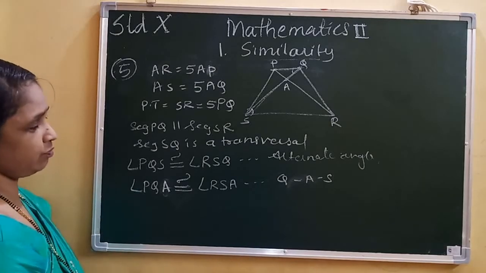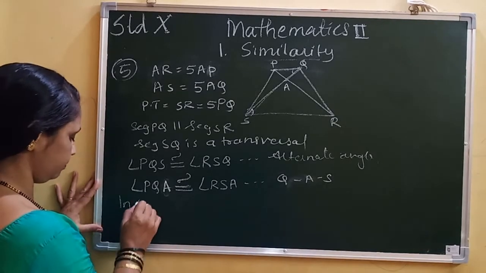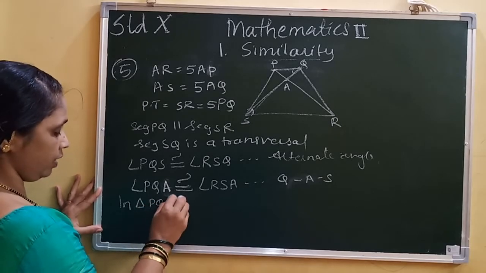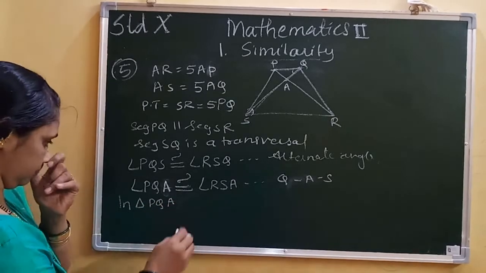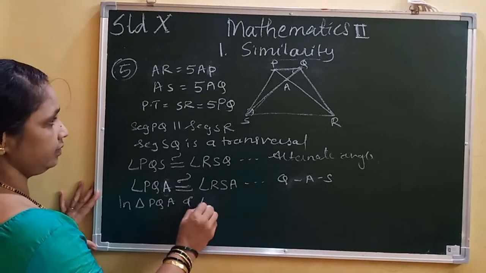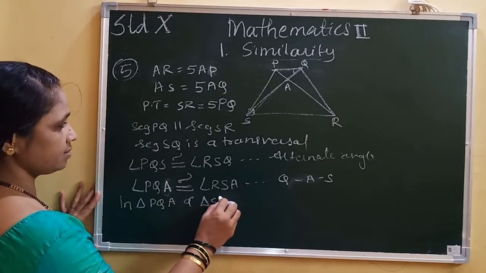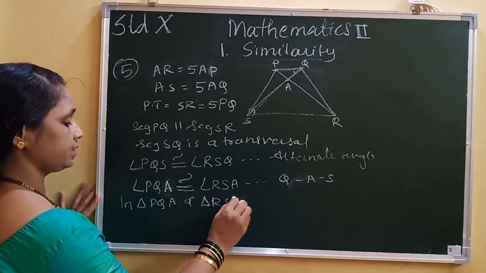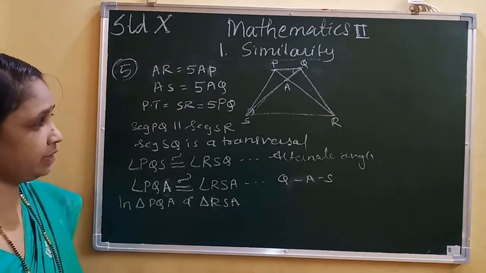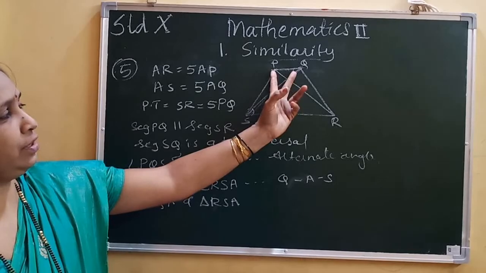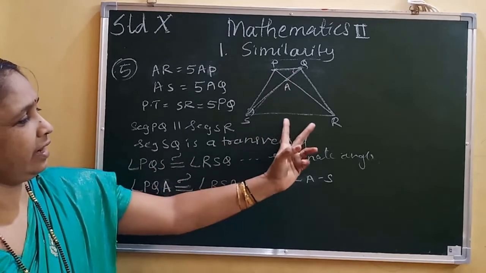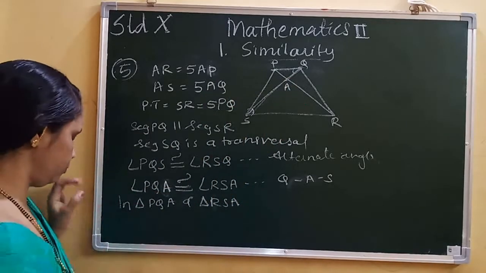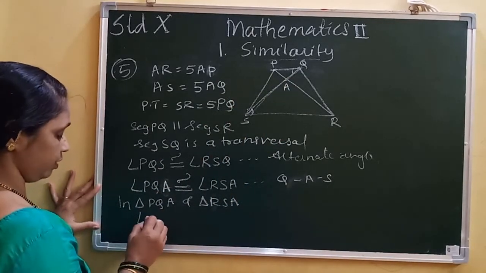Now what next? In triangle PQA and triangle RSA, what we have given we have to write.